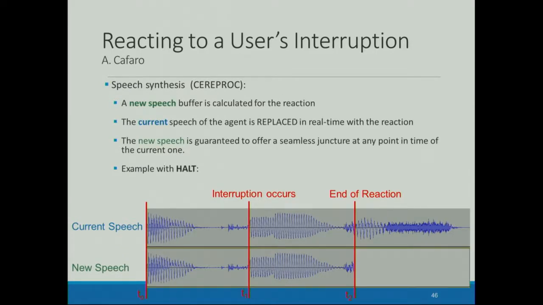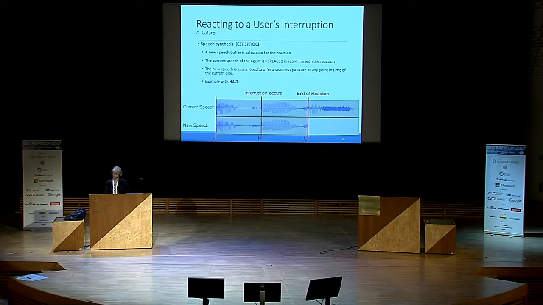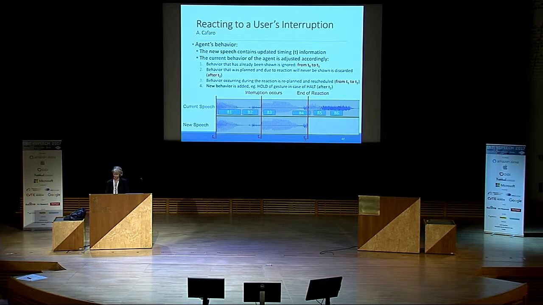For the speech synthesis, we use several block speech synthesizers. When there's an interruption, a new speech buffer is calculated for the reaction, and the current speech is replaced. For example, for the halt, we replace it with stopping the talking.